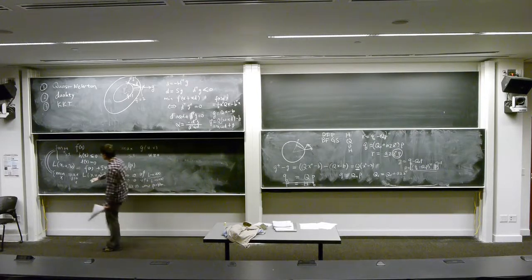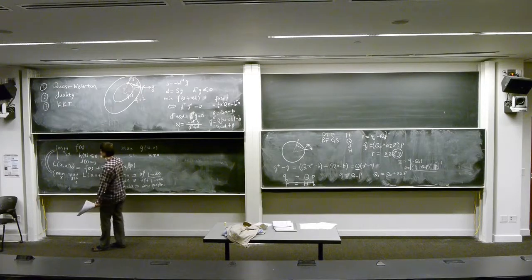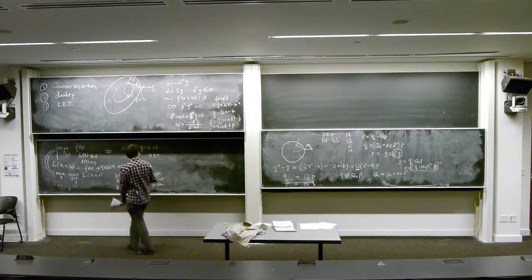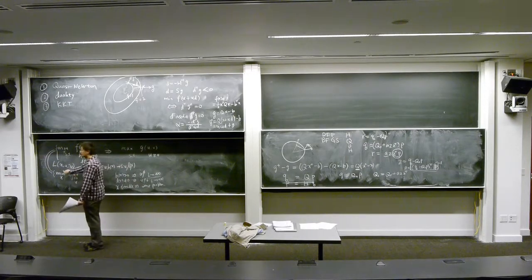So now we have this nice term. We don't have any obvious constraints. We have these two terms. The next thing we do is we swap the order, max and min.